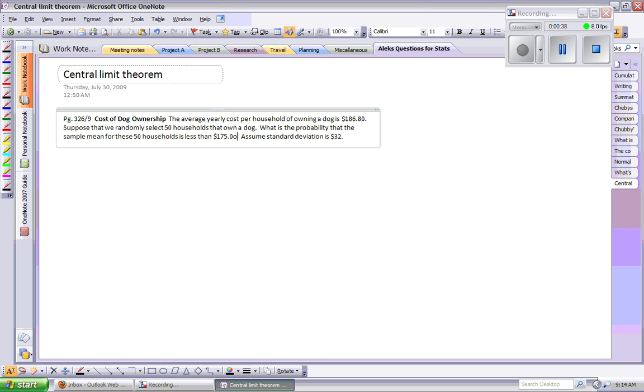Okay, so first thing we've got to do is look back. What does the central limit theorem say?